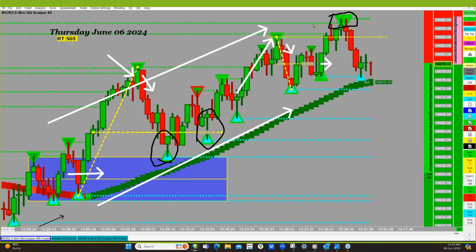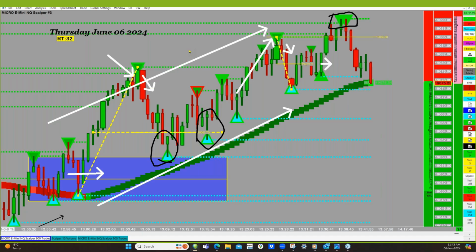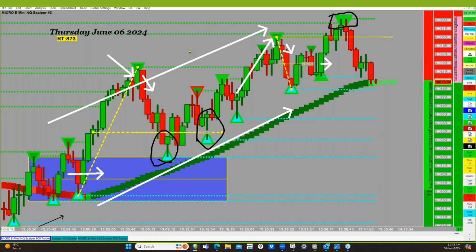So Dale, IQ would like to know, do you do micro or mini? There's very little difference between micro and mini. There might be one tick at the swing high or low difference between one chart and the other.